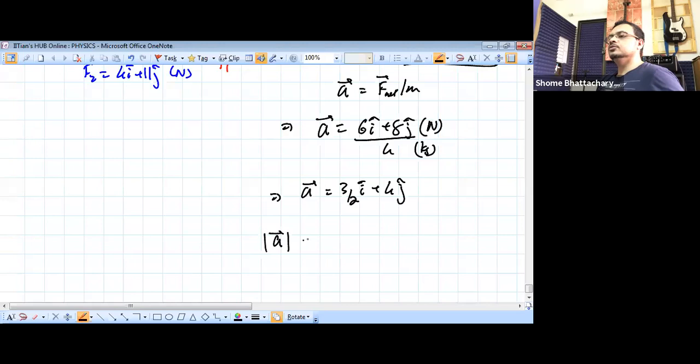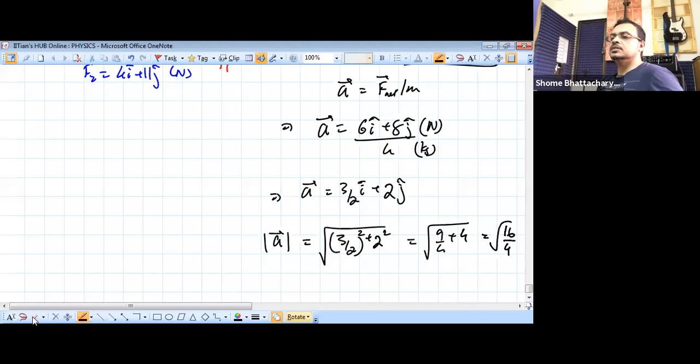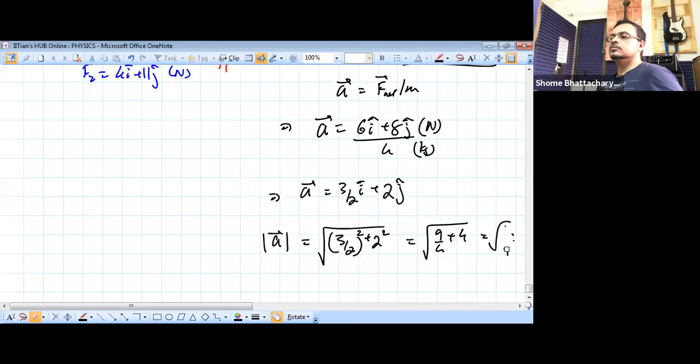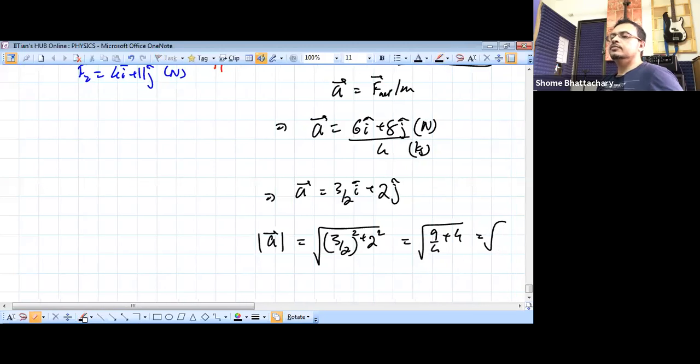The acceleration magnitude will be the square root of (9 plus 16) by 4, so that is 25 by 4.